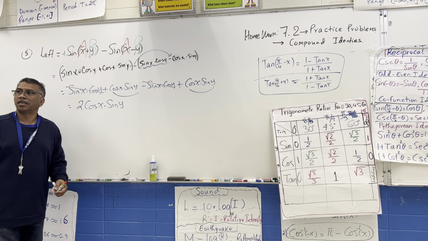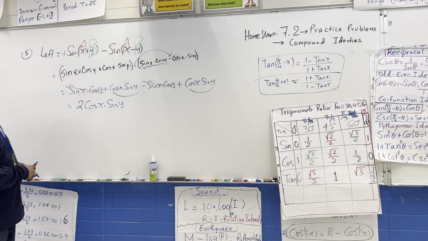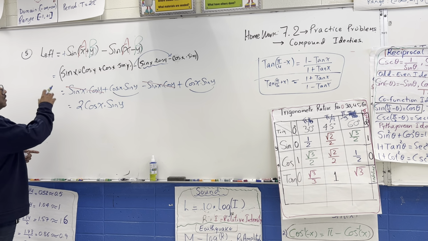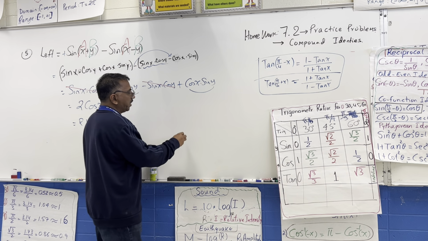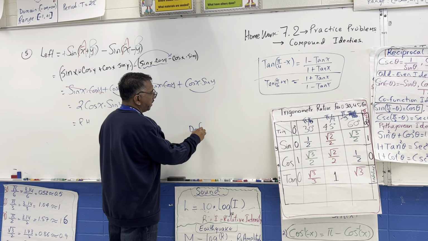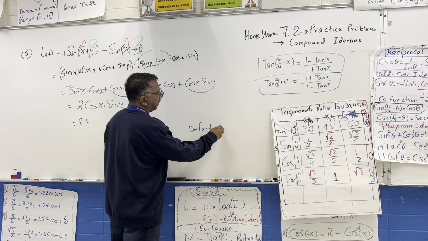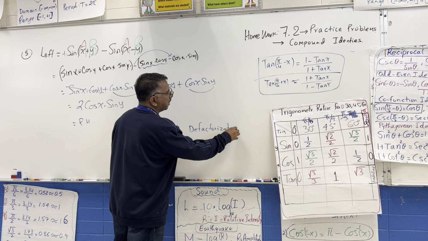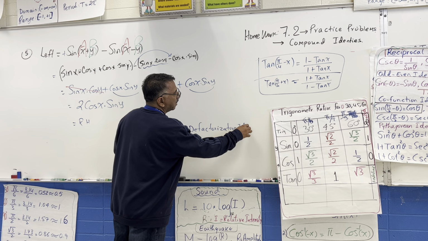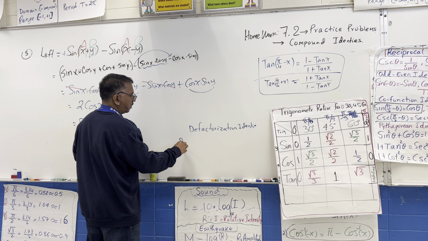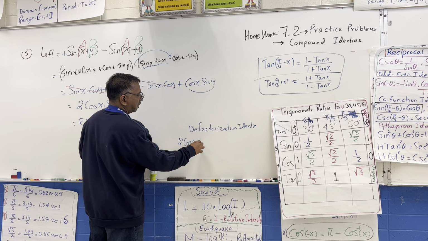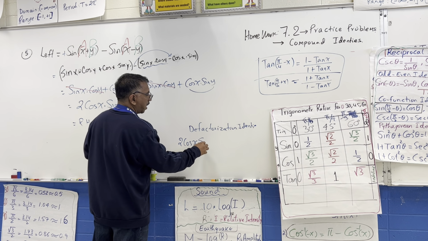Is that okay? So what we proved is, I'm going to go backwards, that's already the right side. We proved a very important formula called defactorization. Now what is the meaning of defactorization formulas or identities? You begin from the right side, 2 cosine of x sine y.